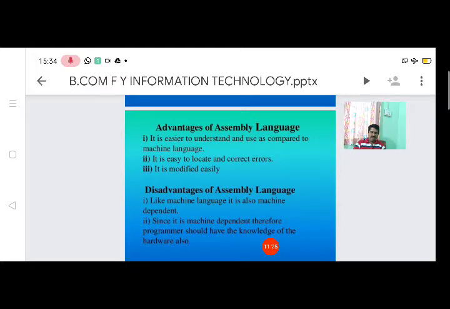These alphanumeric symbols are known as mnemonic codes and contain a maximum of a few letter combinations. For example, add for addition, sub for subtraction, start, label, etc. This is the feature of assembly language.